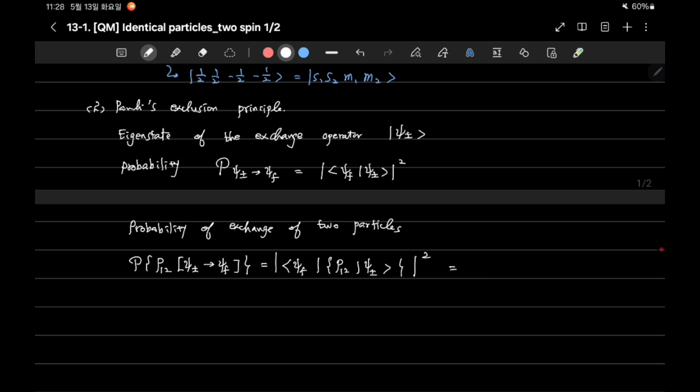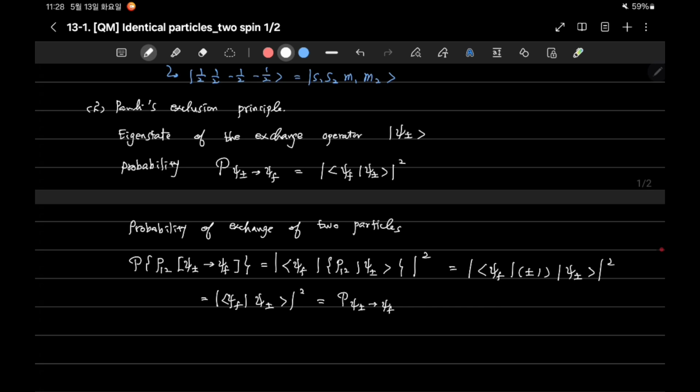Then the eigenvalue can be plus minus 1, and squared. Then it can be written as psi f and psi, which is the same as the probability from the psi eigenstate to the final state.